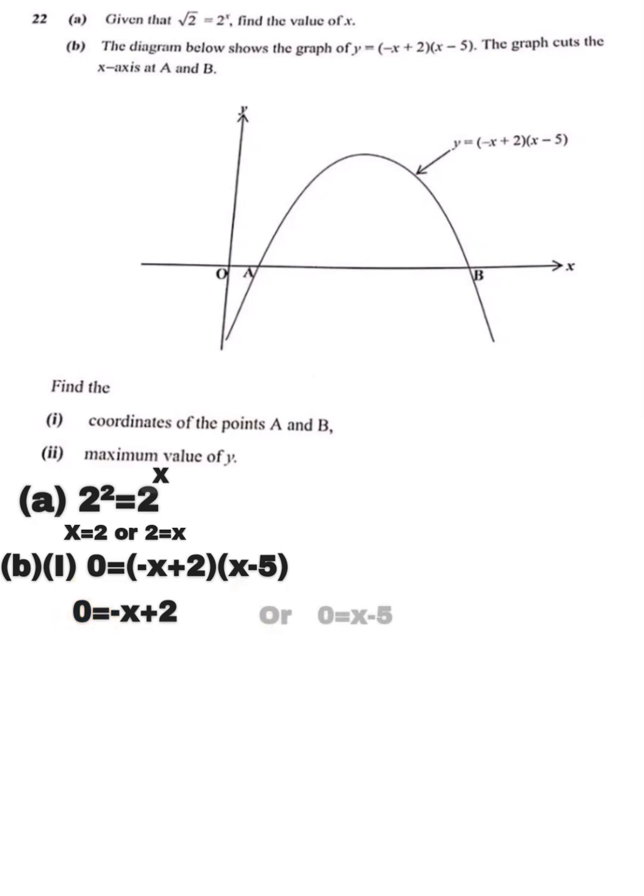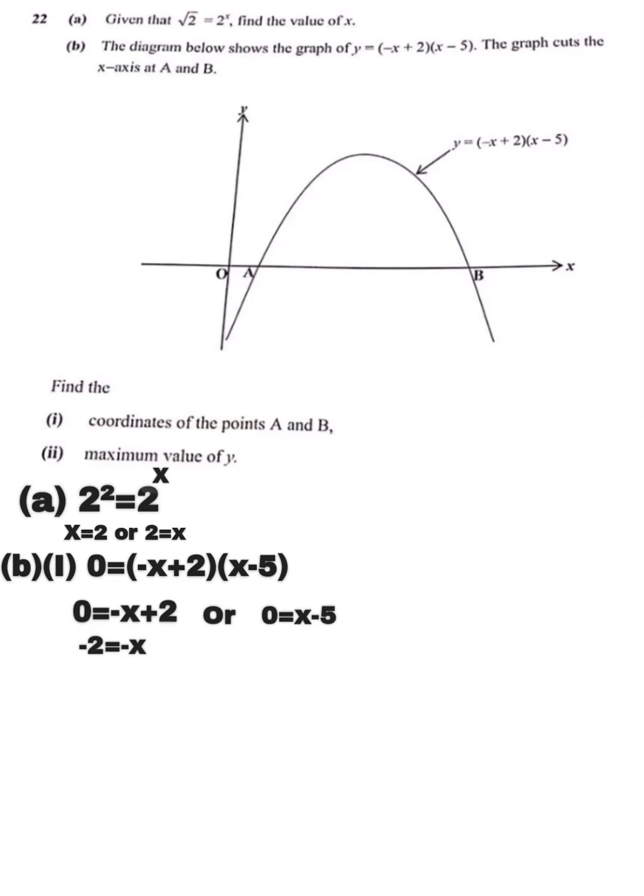Then I'm going to find the values of x. The first one: when this positive 2 crosses the equal sign, it will change to negative. Since I'm finding the value of x, not negative x, I'm going to divide by negative 1, even here by negative 1, so that the negatives cancel each other.